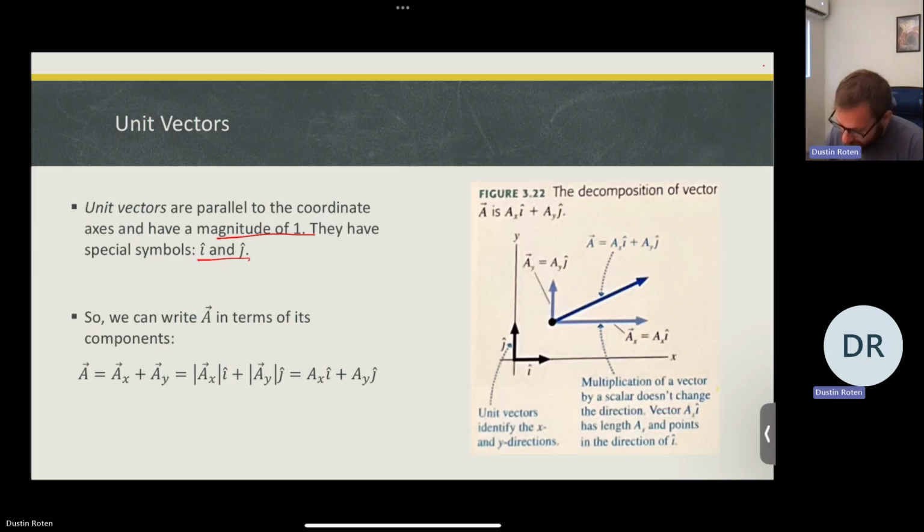So you'll see that i hat is over here. It lives on the x-axis. Negative i hat would be used if we wanted to go in the other direction, to the left. j hat has a length of 1 and lives right there on the y-axis, points up, or down if it's negative. So the whole idea here is if we have this vector A, okay, well, we can take this vector and break it down into two simple vectors.